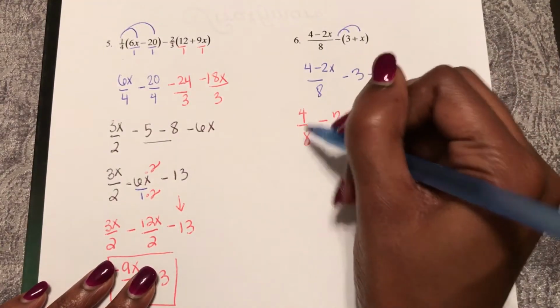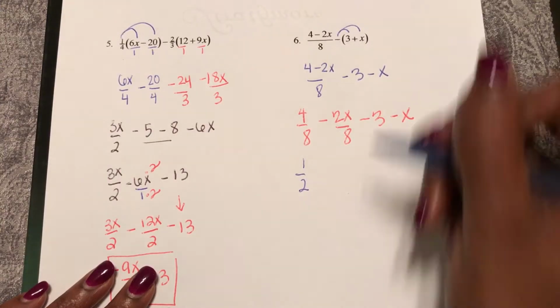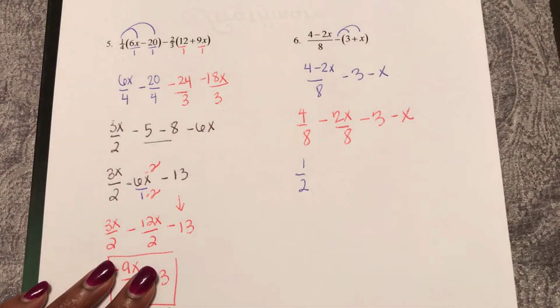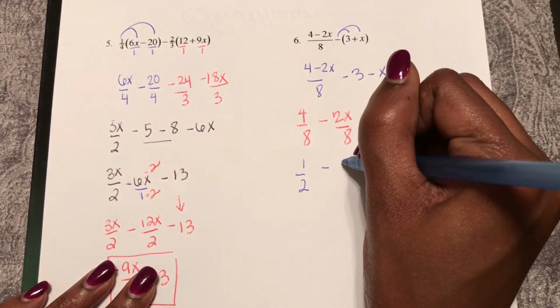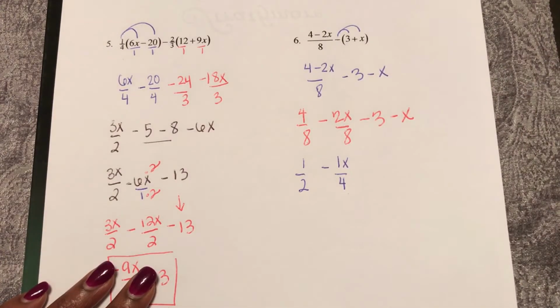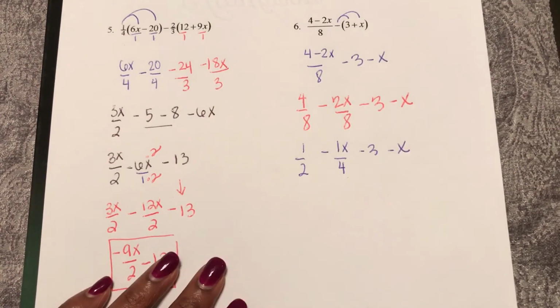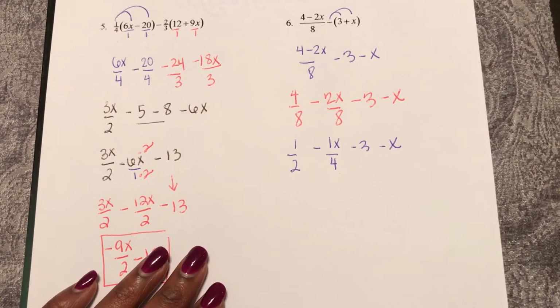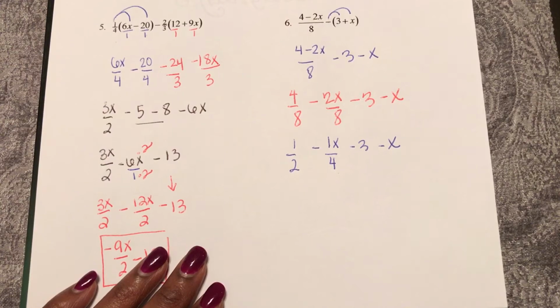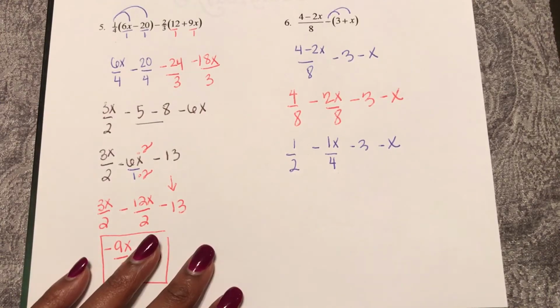4 over 8, both divisible by 4, reduces to 1/2. 2 over 8, both divisible by 2, simplifies to be 1 over 4x minus 3 minus x. Okay, great. So now to simplify, I need to combine like terms. First, I'm going to group these because I can already see this is going to take a little more time to simplify.